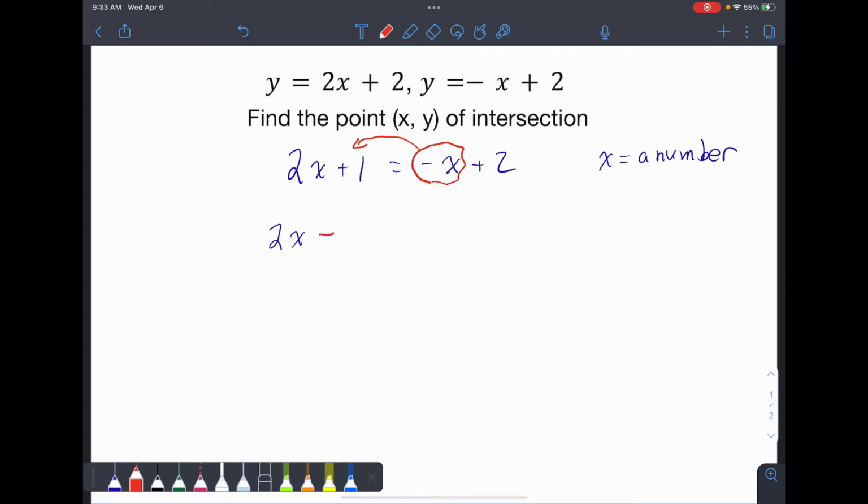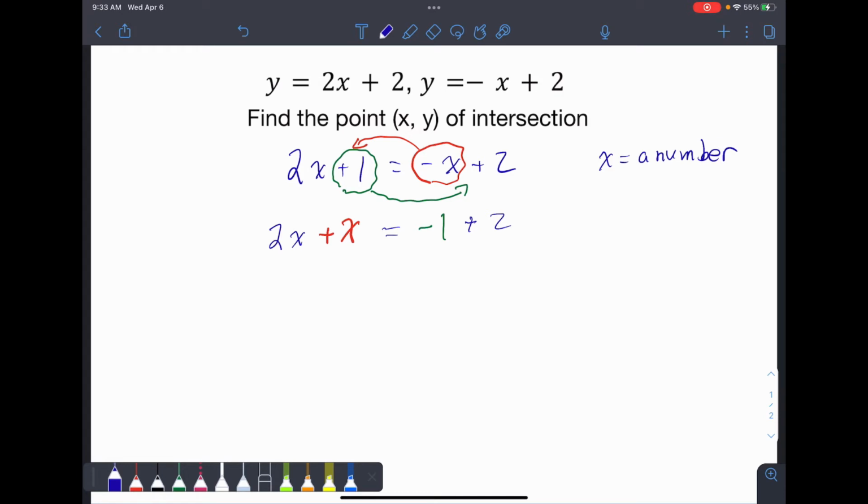It becomes plus x. Okay? And the 1, it doesn't involve an x. I'm going to bring it to the other side. And when I do that, it also changes sign. On the left side, it's plus 1, but when we move it, it's going to become minus 1.